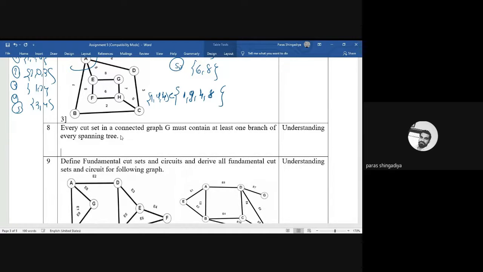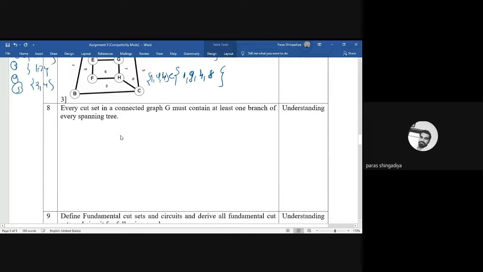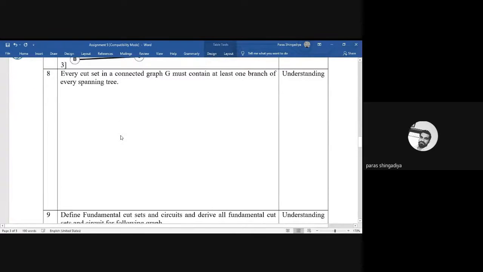Now next is one of the theorems: prove that every cut set in a connected graph G must contain at least one branch of every spanning tree T. So let us first learn the meaning of a spanning tree.